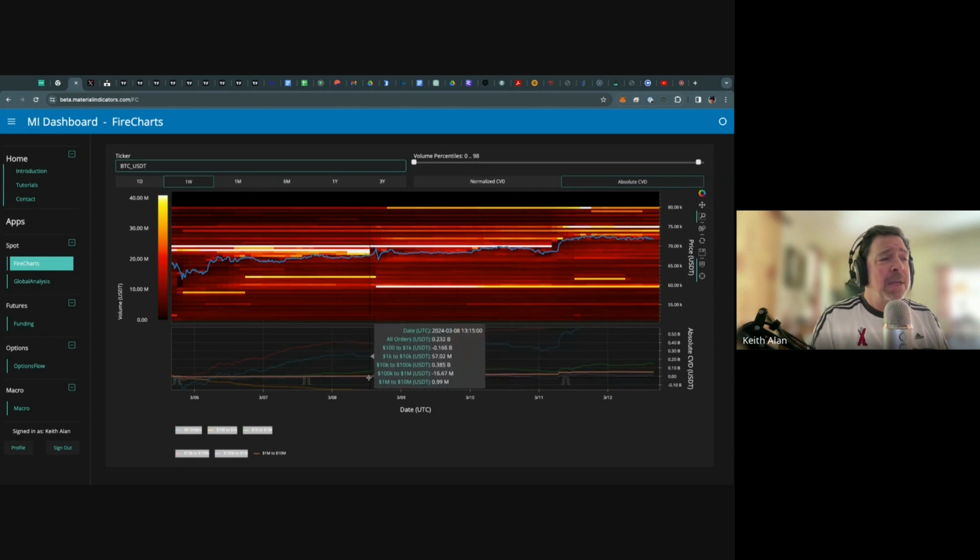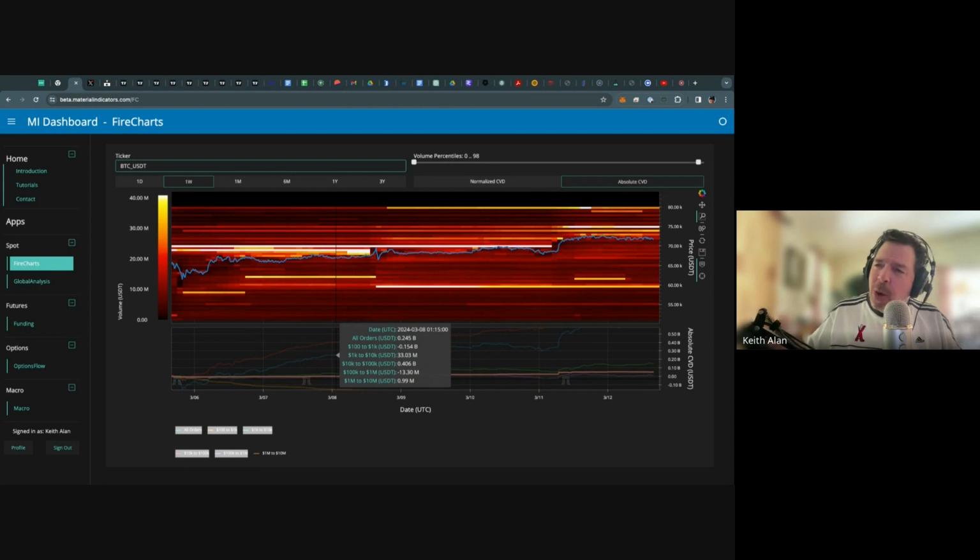But typically, this bucket is $1 million to $10 million orders in order size, and the average for those really isn't that large. Typically, they're $1 million, $1.5 million, maybe up to $3 million. Every once in a while, you see one in the 5 million range, and maybe even 7 million.